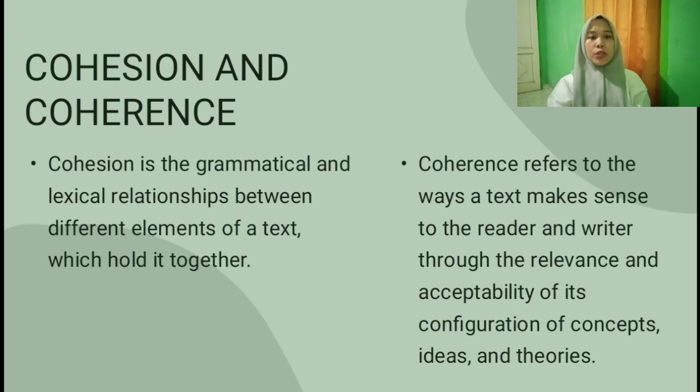Coherence refers to the ways that text makes sense to the reader and writer through the relevance and acceptability of its configuration of concepts, ideas, and theories. It is concerned with the overall structure and organization of a text, ensuring that the ideas and arguments presented are logically and chronologically coherent.